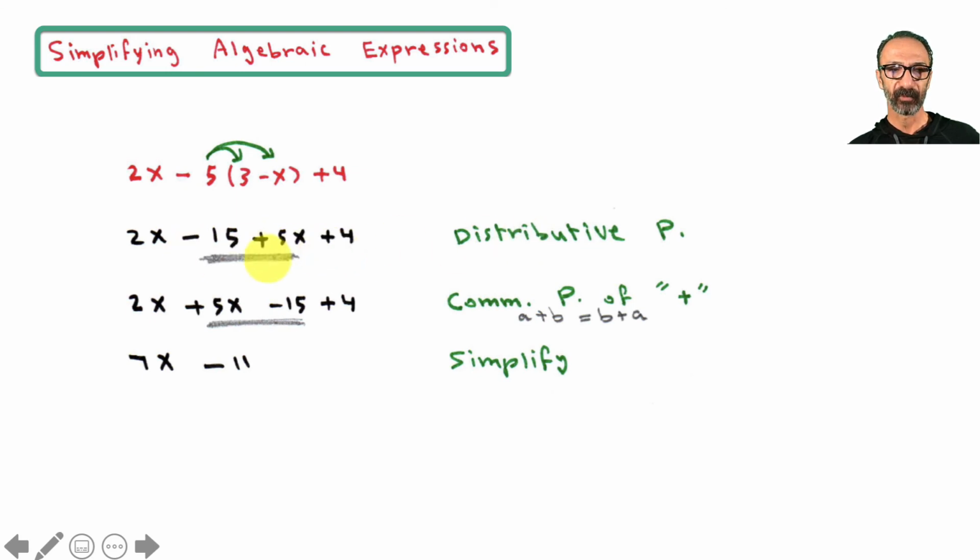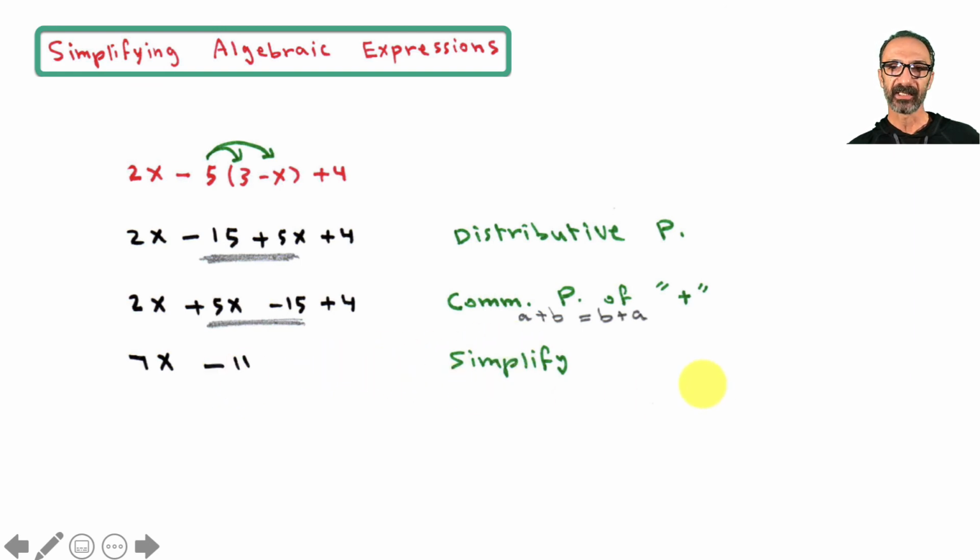One more time, we're gonna use the commutative property to move the x's next to the other x's. A plus b is the same thing as b plus a. Group the like terms. 2x and 5x is 7x. Negative 15 and 4 will simplify to negative 11, and we're done.